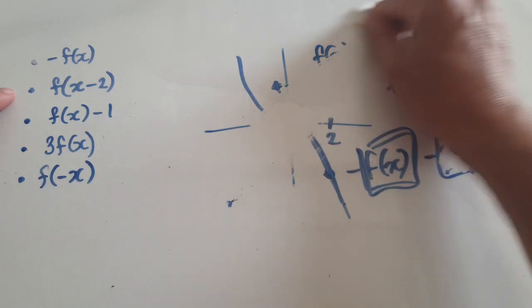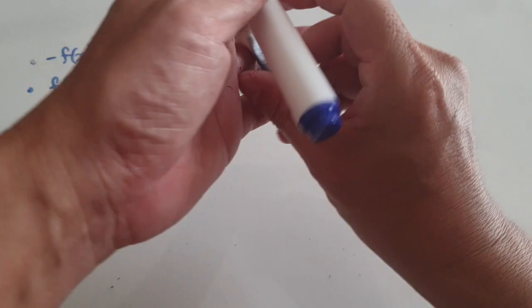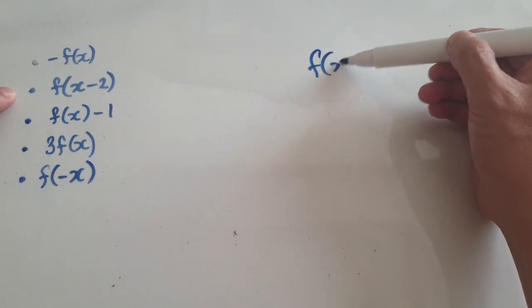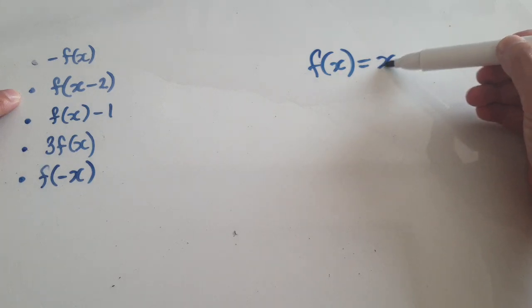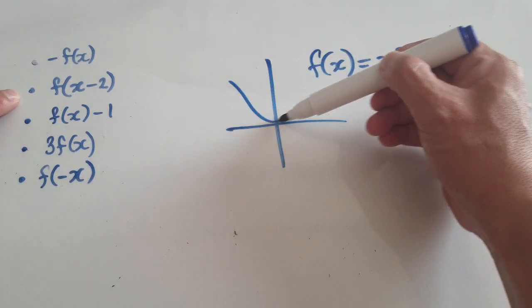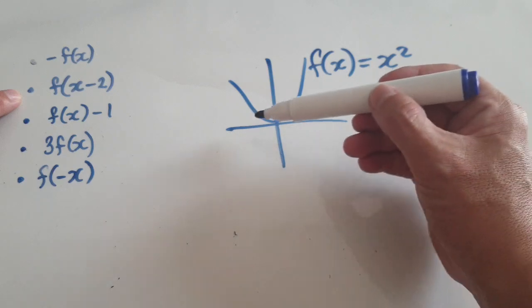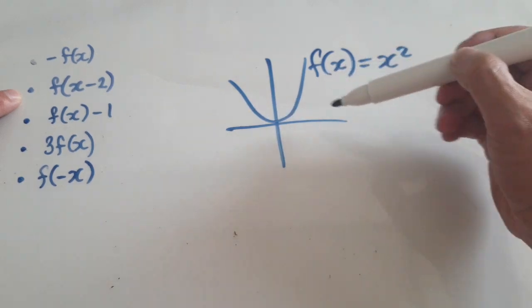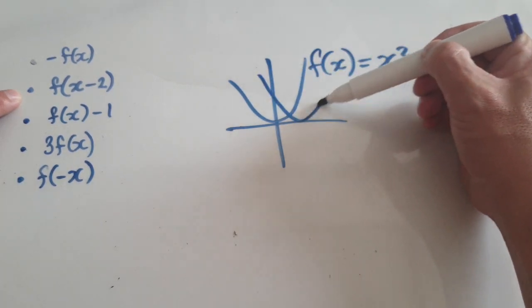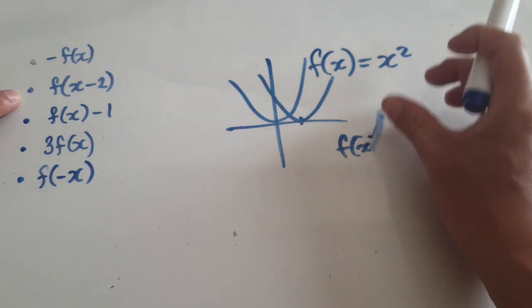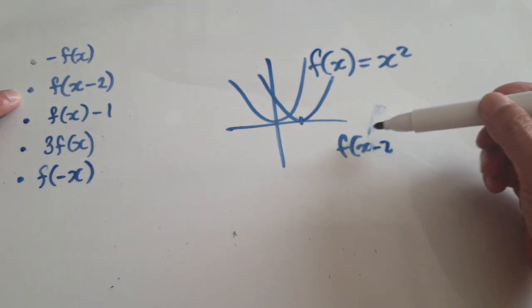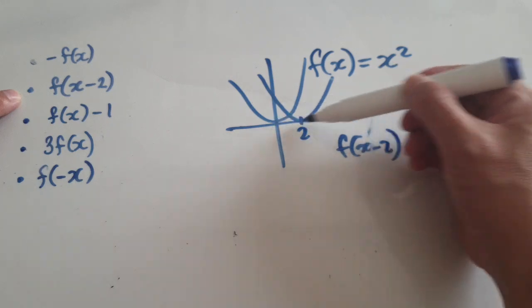So now the next one, let's say you have any function, f of x equals x squared, which looks like this. When you apply this transformation, it moves in the opposite direction. This transformation with the negative 2 inside the brackets would move it across by 2.